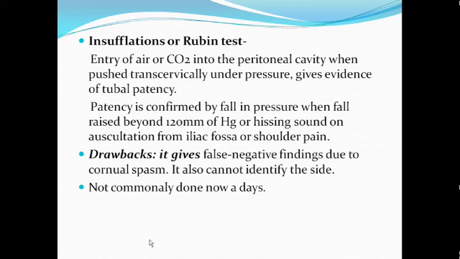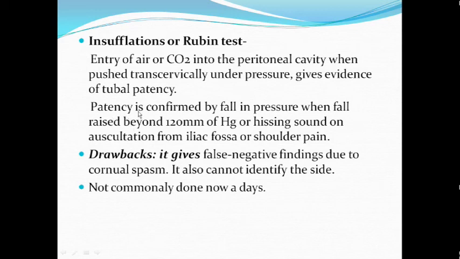The oldest one is insufflation, also known as Rubin's test, because it was discovered by Rubin. The substance we use here is air or CO2. CO2 is pushed from the vaginal end and comes out into the peritoneal cavity under pressure, giving evidence of tubal patency.